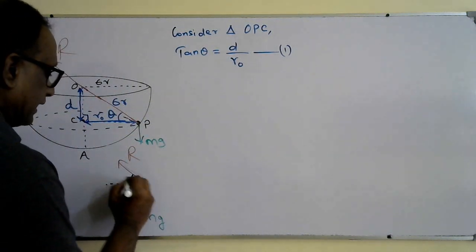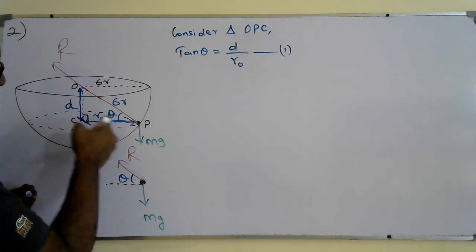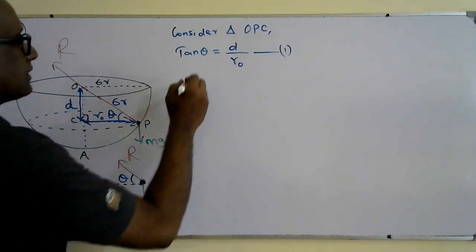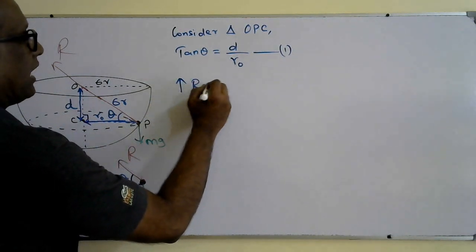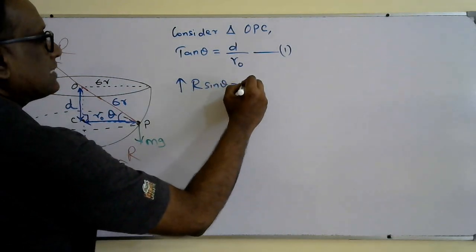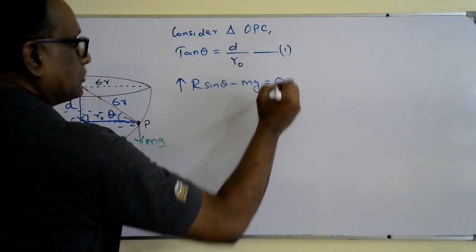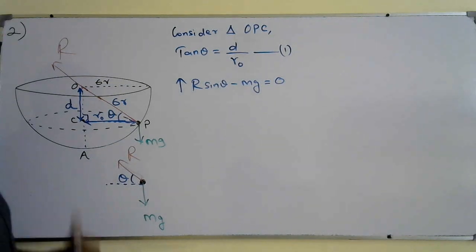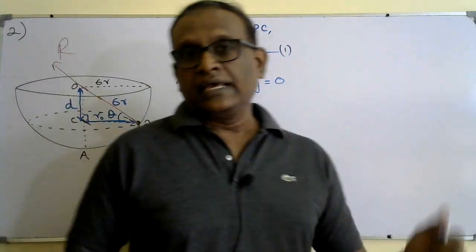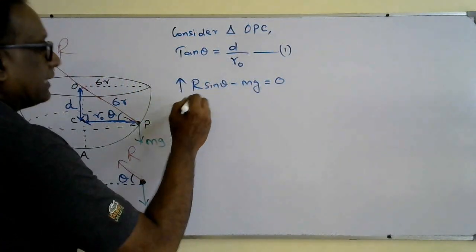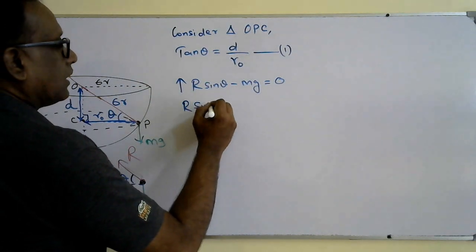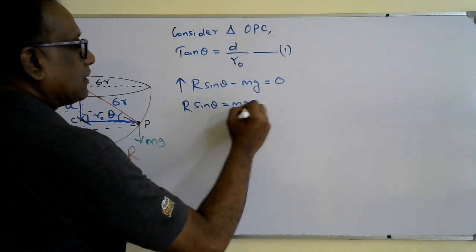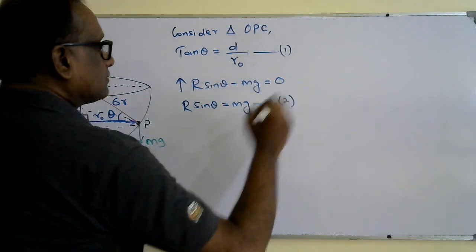This angle is theta with the horizontal, so vertically, R sine theta minus mg must be equal to 0, because according to Newton's first law there is no resultant force in the vertical direction. So R sine theta equals mg. Let it be the second equation.